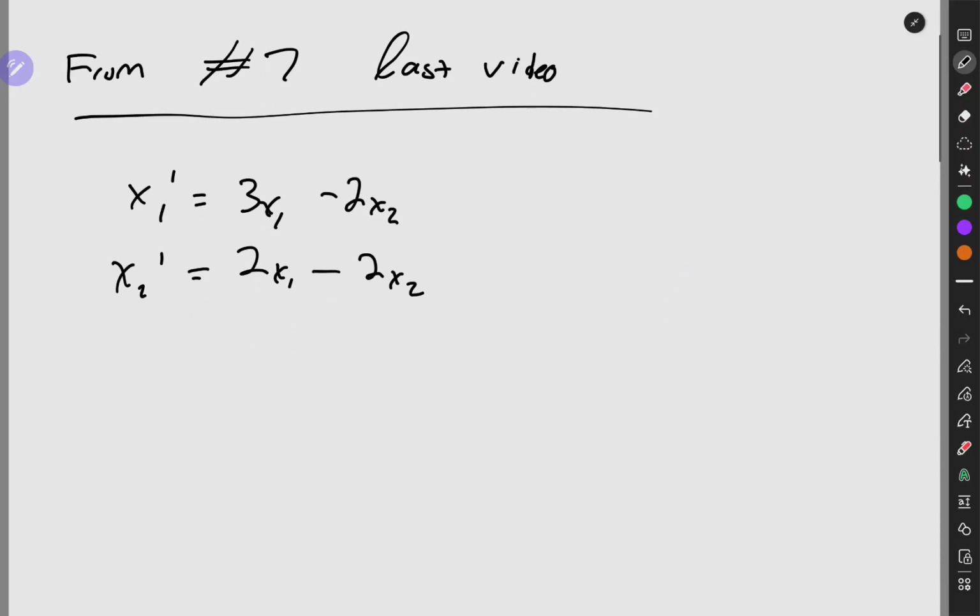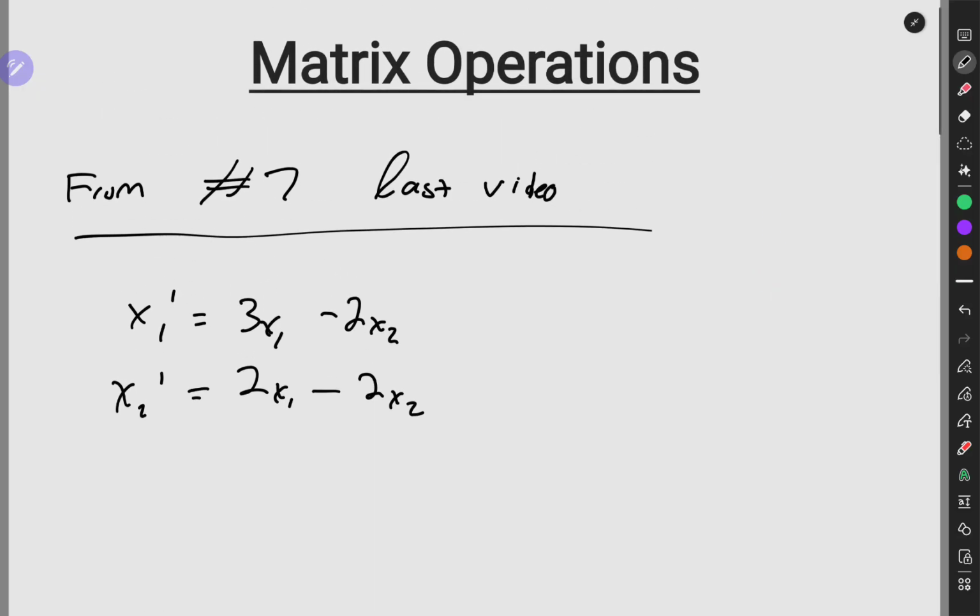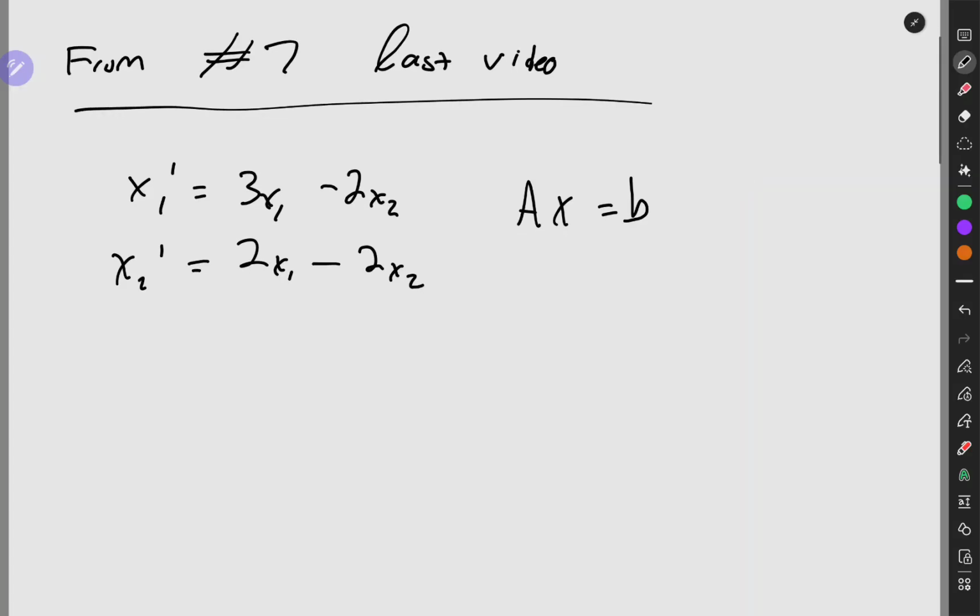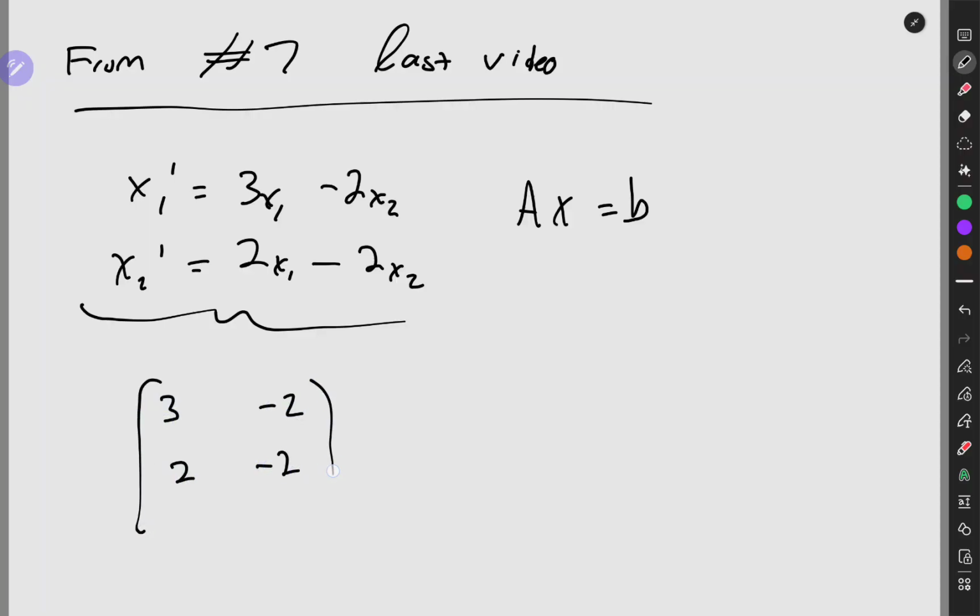So to write an equation in matrix form, it's typically written in the form Ax = b. That's how you write the systems of equations. So by that, I'm going to rewrite this here as [3, -2; 2, -2] times [x1, x2] is equal to [x1 prime, x2 prime].